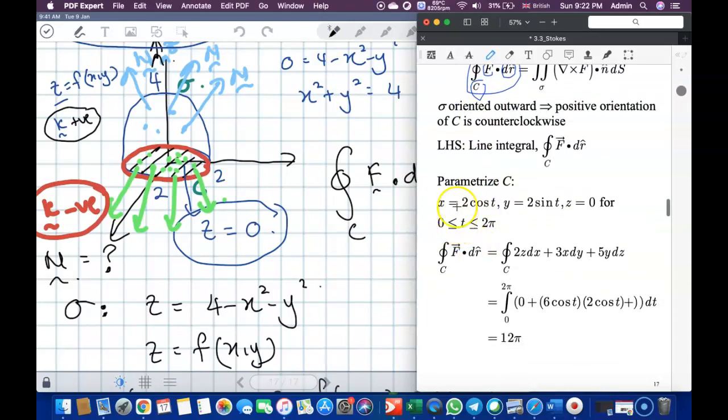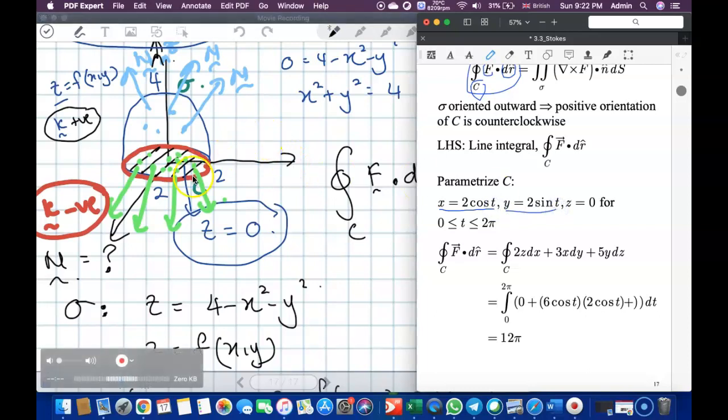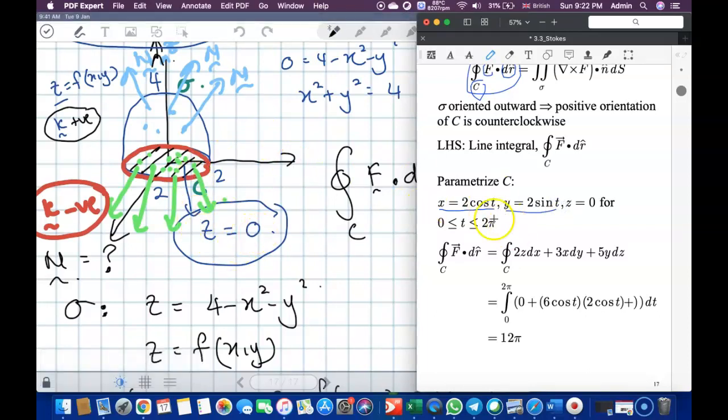So in this case we have x equal to 2 cos t, y is equal to 2 sin t. You can see that this one is located at z equal to 0, so we put z equal to 0. Then you have to find the dx, the dy, and the dz, and then multiply with the components of f.